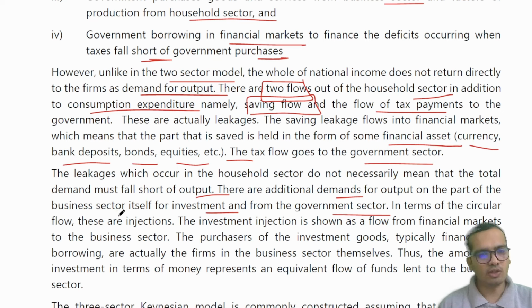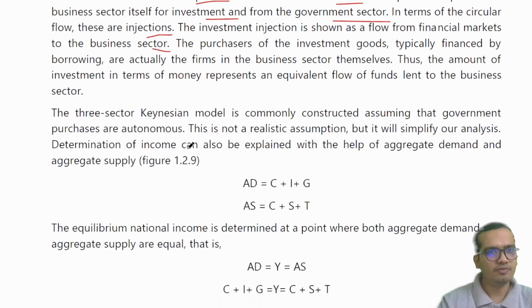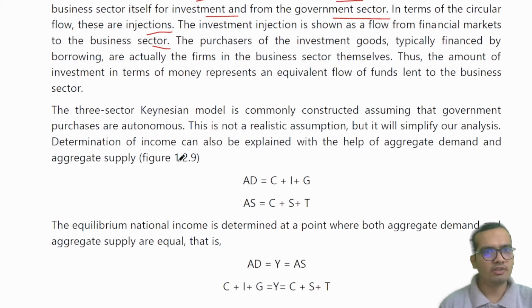In terms of the circular flow, these are injections. The investment injection is shown as a flow from the financial market to the business sector. The purchases of investment goods, typically financed by borrowings, are made by the firms in the business sector themselves. Thus, the amount of investment in terms of money represents an equivalent flow of funds lent to the business sector.